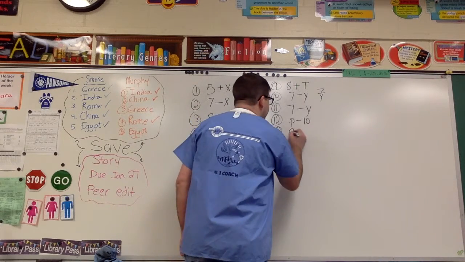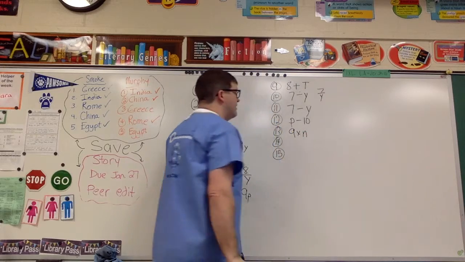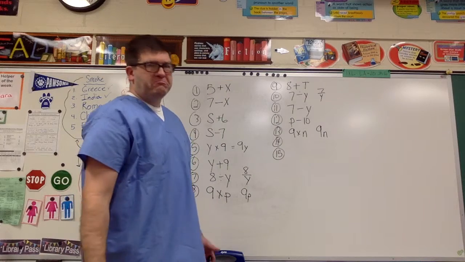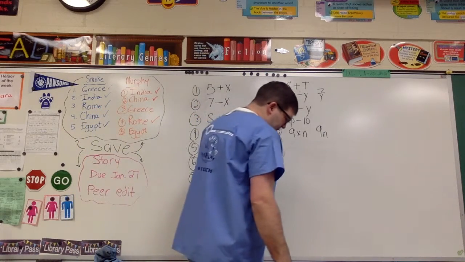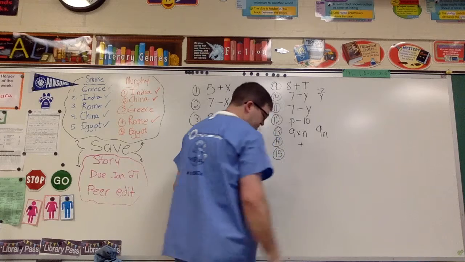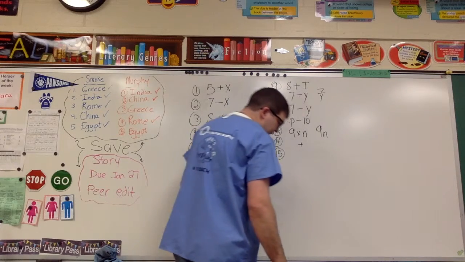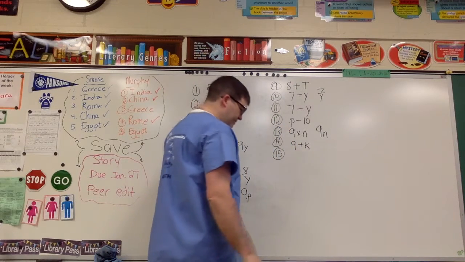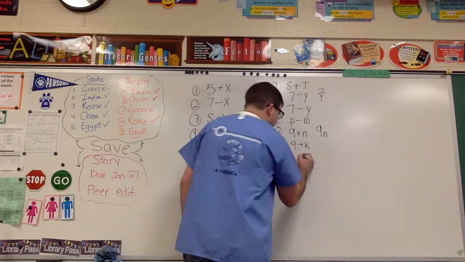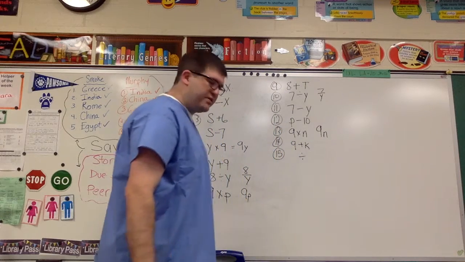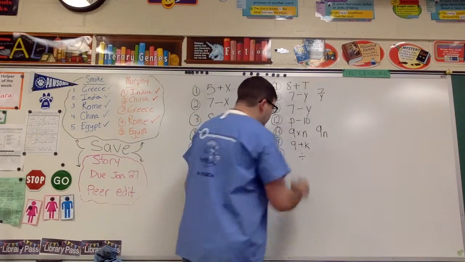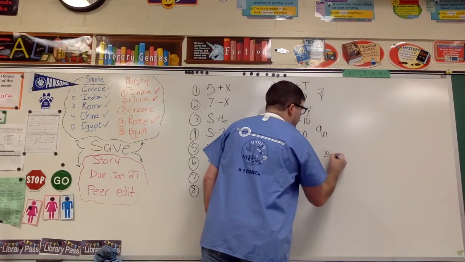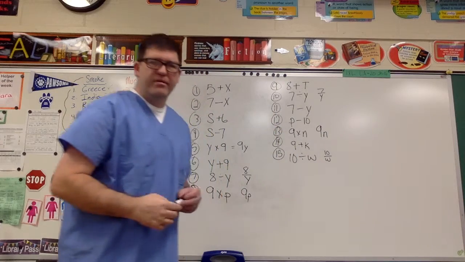Product of 9 and n. 9 times n, or 9n. 14, the sum, okay, so addition, the sum of 9 and k, 9 plus k. And then number 15, the quotient. So I know with quotient I have a division. The quotient of 10 and w is 10 divided by w, or you could write it like that.